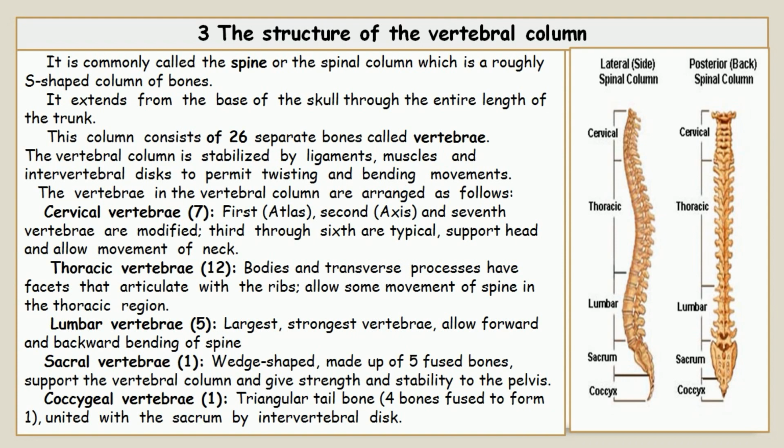Sacral vertebrae, triangular-shaped, made of 5 fused bones, support the vertebral column and give strength and stability to the pelvis. United with the sacrum by an intervertebral disc.